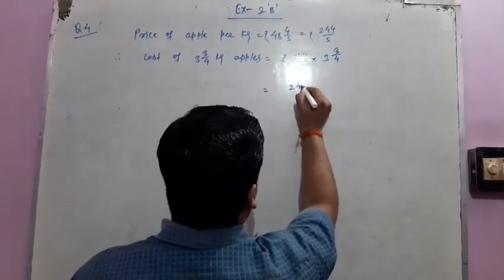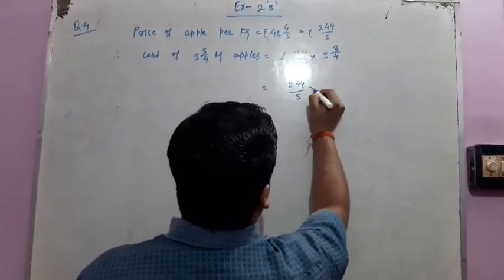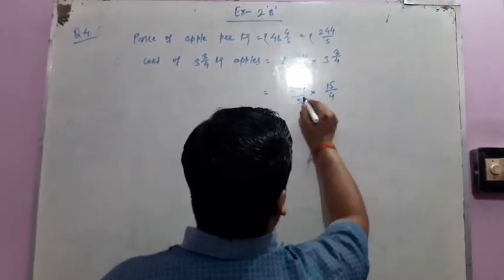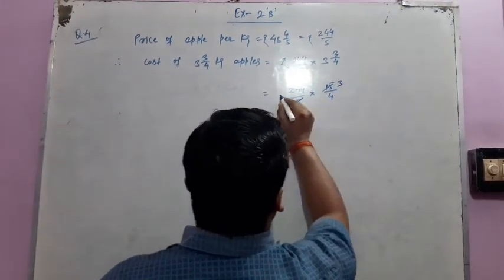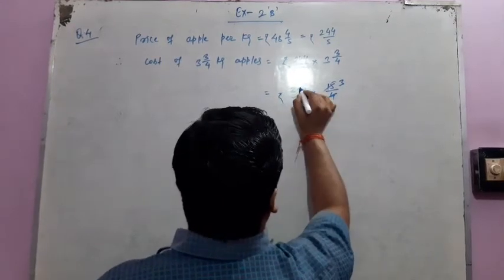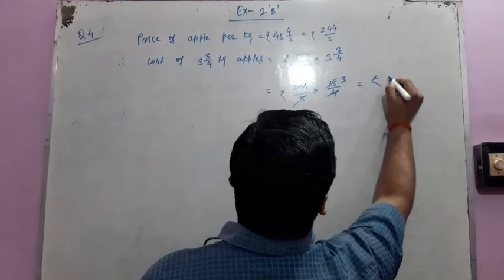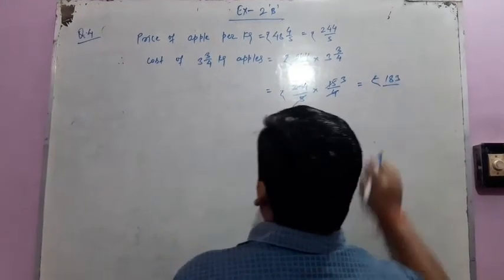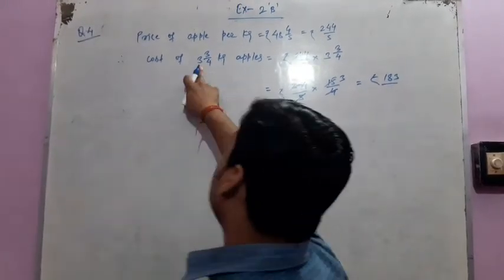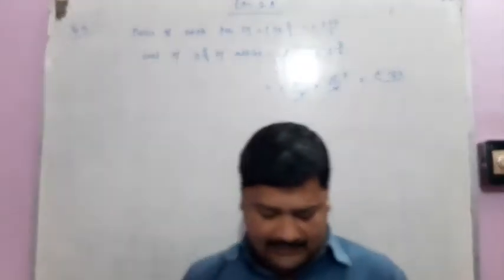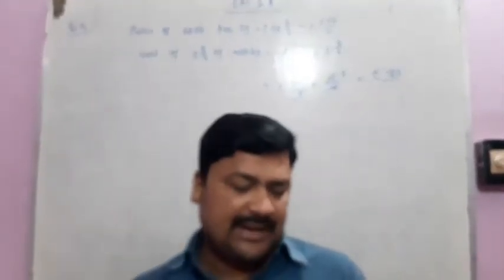So 244 by 5, 4 3 are 12 and 3, 15 by 4, 5 3 are 15, 4 6 are 24, 4 1 are 4, 16 3 are 183 rupees. So the cost of 3 whole 3 by 4 kg of apple is rupees 183. Question number 5 is also same.